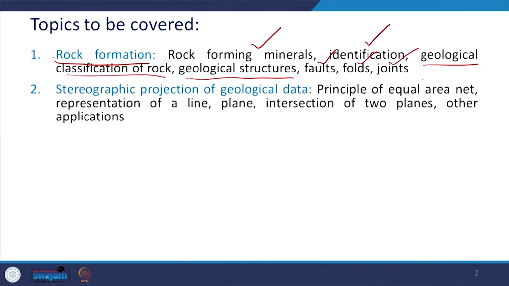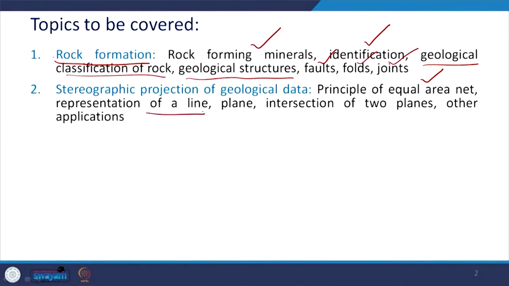Some of the components that we will discuss are the principle of the equal area net, how we represent a line which is there in a three-dimensional situation in 2D form, and how we represent a plane. Then the intersection of two planes and other applications, like where we are going to need the stereographic projection of geological data. All those things will be discussed in this chapter.